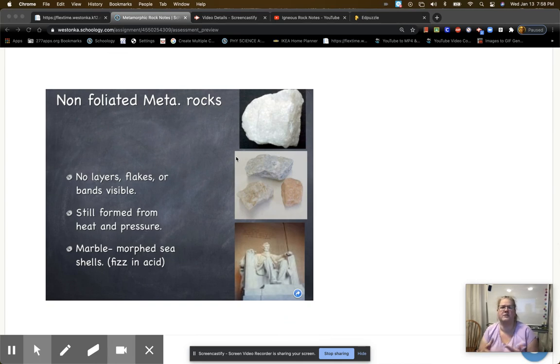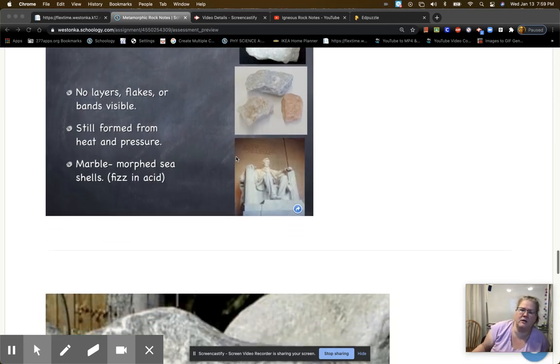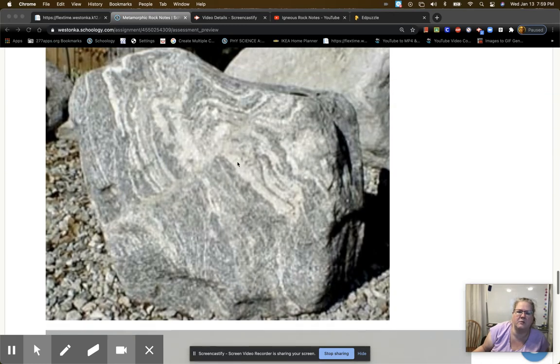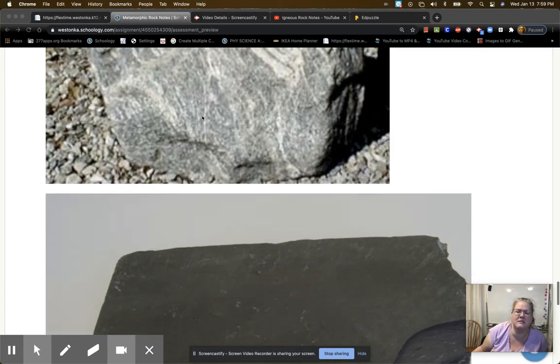Non-foliated, no layers or flakes or visible bands, and it can be still under heat and pressure, and it fizzes with acid. You're looking at a marble, because it doesn't matter high heat, low heat, medium heat, you get a marble. And I like this because look at the anticlines, the up moves, and then down to the synclines.